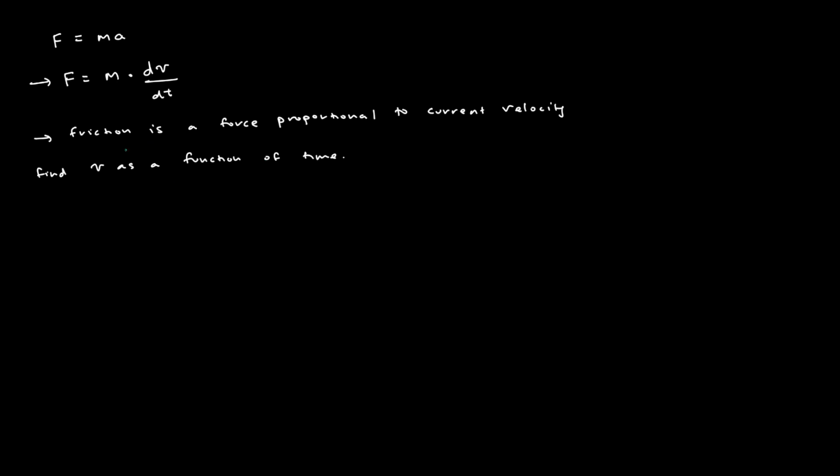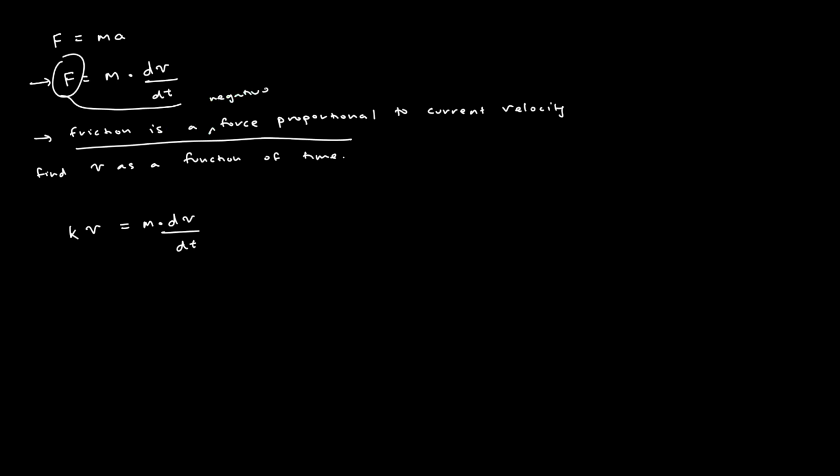Because we're given friction as a force, it's governed by this physics identity, and it's a force proportional to the current velocity. So if I replace this F with some constant k times v, I know that is equal to m times dv over dt. Oh, and also one thing I forgot to mention is friction is a negative force, because it's acting against your current motion.